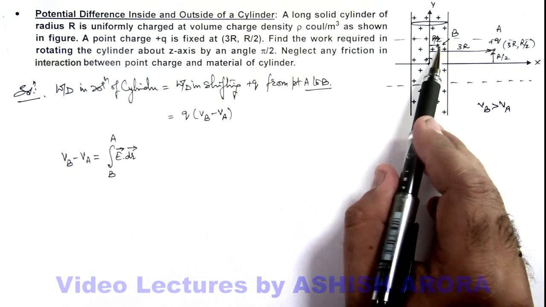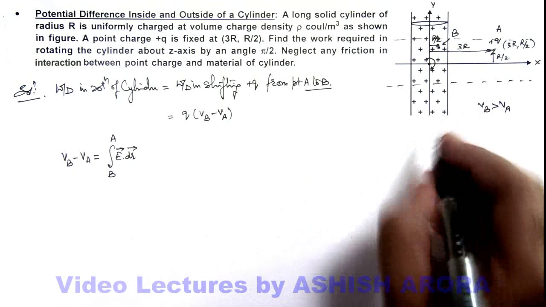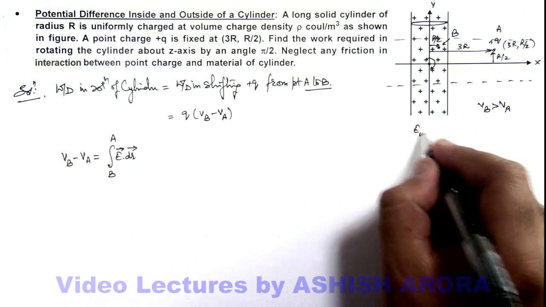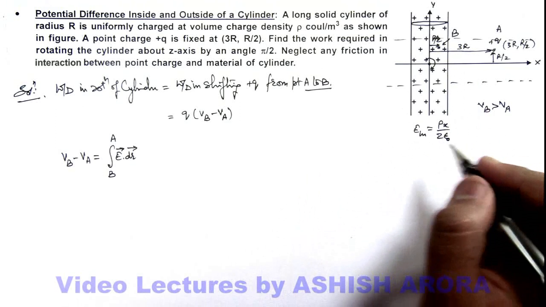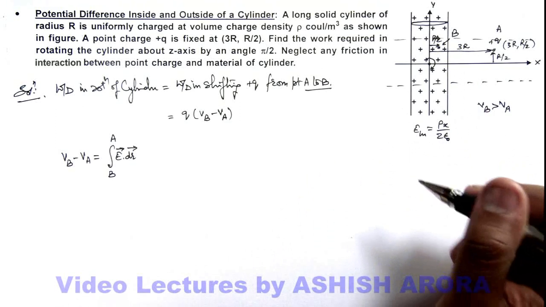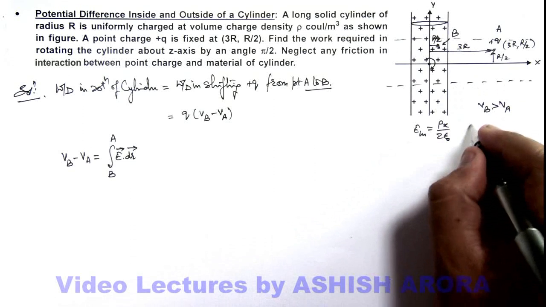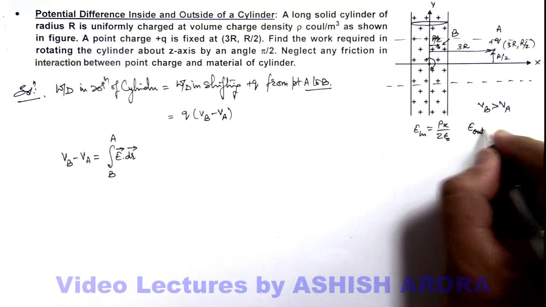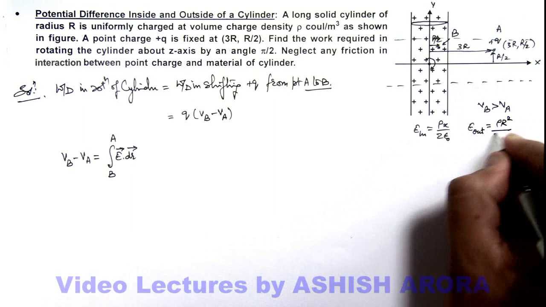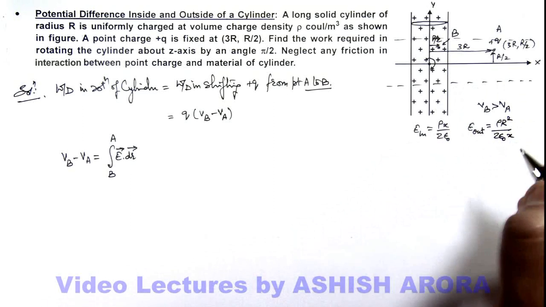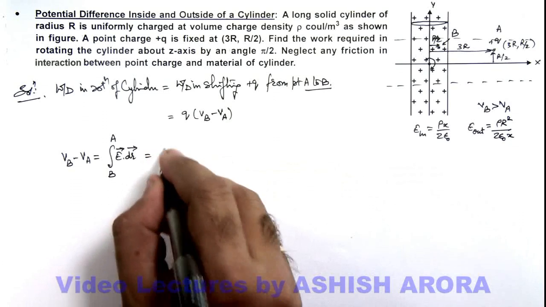From point B to the surface, the electric field inside the cylinder is given as rho x by 2 epsilon naught, which we already studied in the concept videos. For the outer region, the electric field outside a cylinder is given as rho r square by 2 epsilon naught x. The same results I use here.